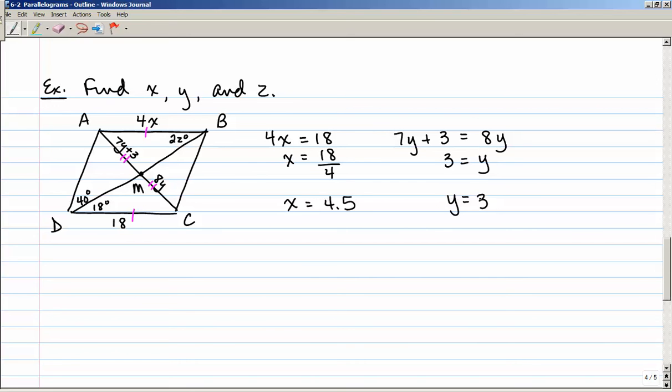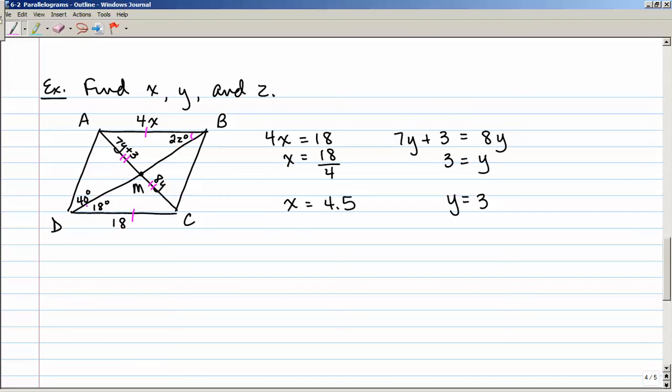And for my last one here, I need to find z. Z is up here, so the measure of angle ABD is 2z. And I'm also noticing that since AB is parallel to DC, this diagonal BD is actually a transversal that creates alternate interior angles.